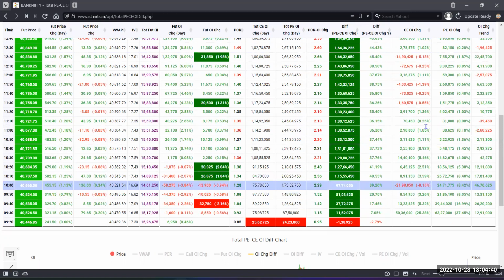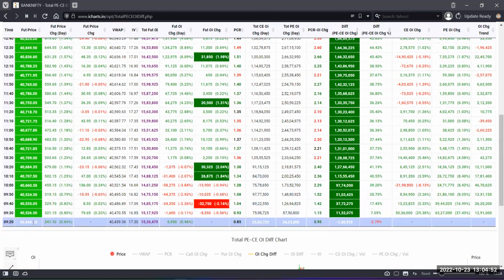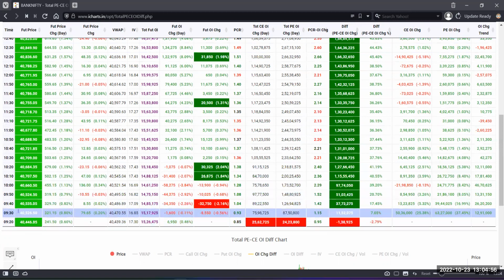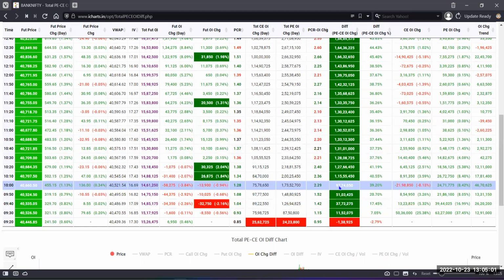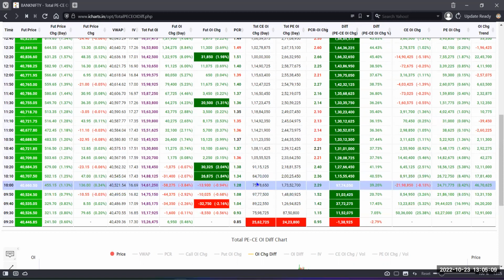Positions would get closed here only because traders think their positions are at risk as price is going up. Price has gone up over here, 200 points. So whoever has these positions over here, 40,400, 40,500, they are at risk because the market has gone significantly higher. So some traders are definitely going to close their positions to control their risk.